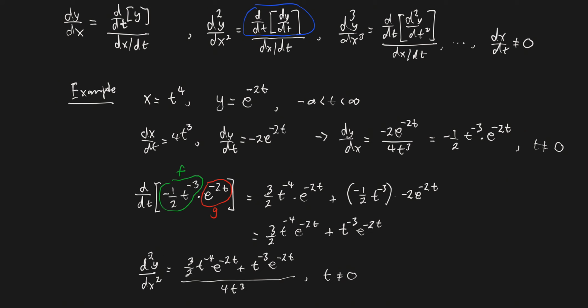And remember what your second derivative tells you? It tells you if the graph is concave up or concave down. So now you know how to differentiate parametric curves. Not really difficult. It's just extending the idea of the derivative, and it's based on our chain rule.